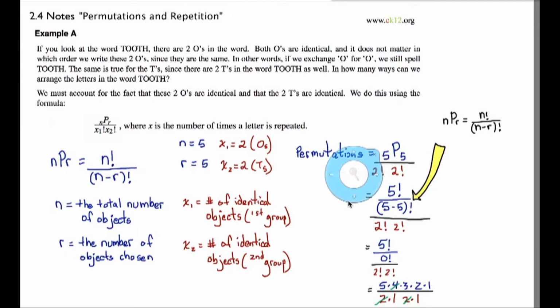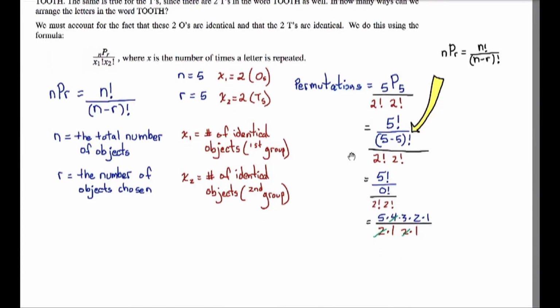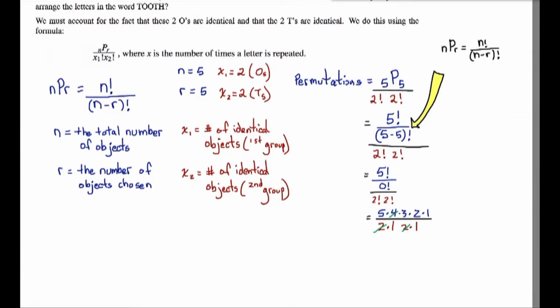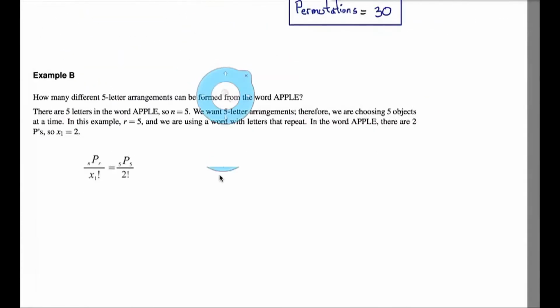What we have left here is 5 times 3 times 2, which is going to give us 60. So if we had a 5-letter word that didn't have any identical objects in it, we would have many more permutations than if we have a repetition.